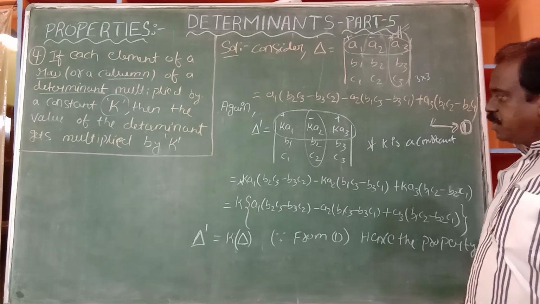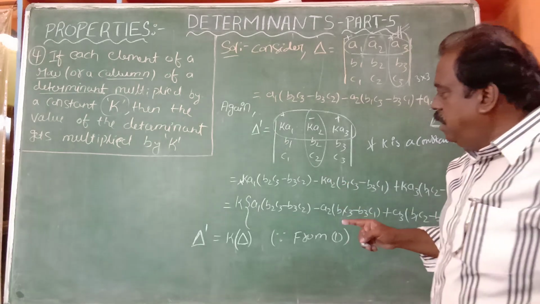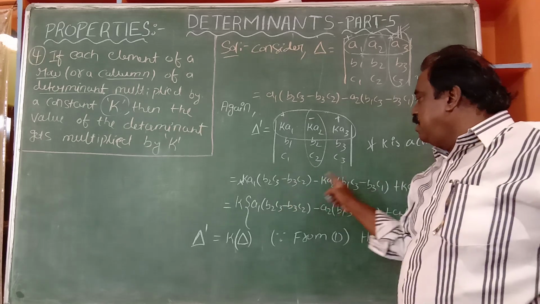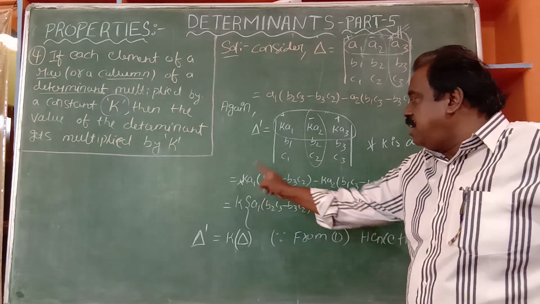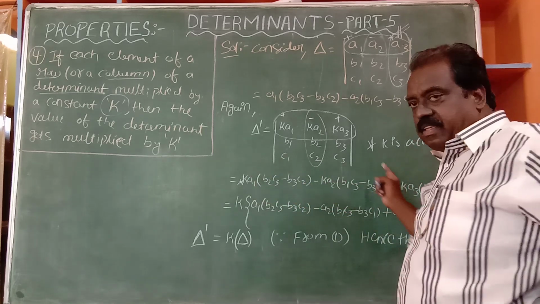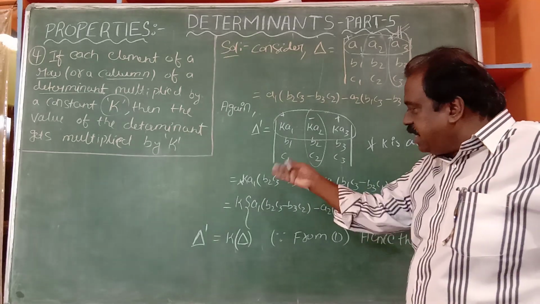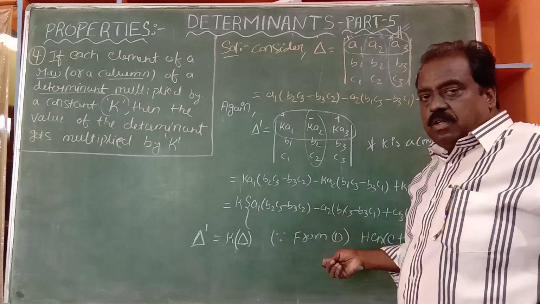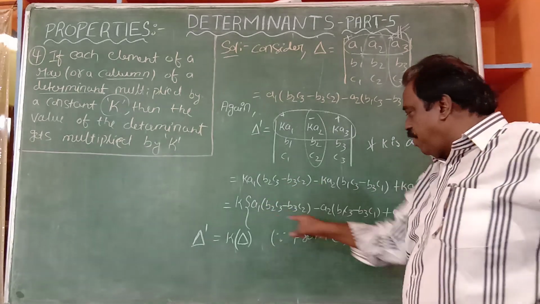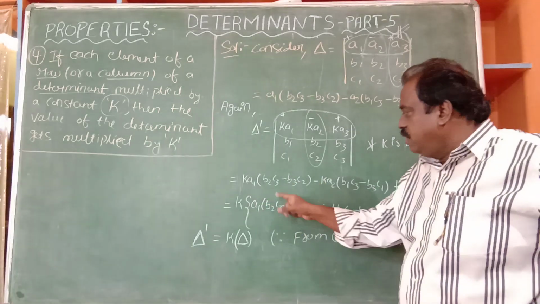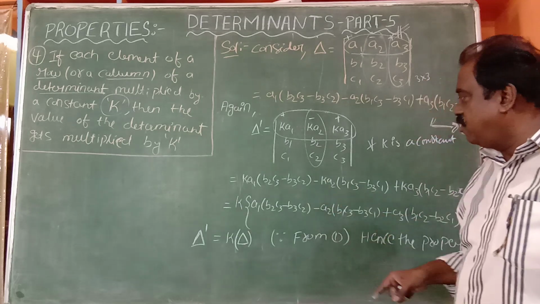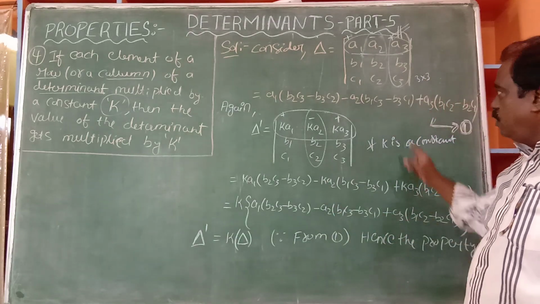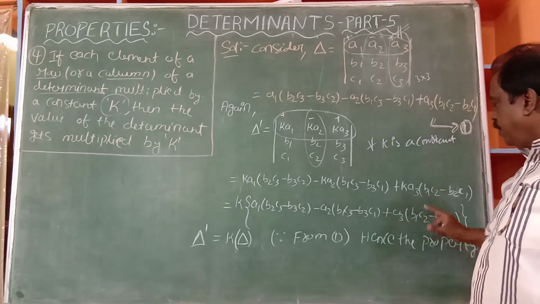You see, in all the elements k is common. In these three terms, k a1, k a2, k a3, k is common. So k is taken as common, and the remaining terms are put in a bracket. A1 of B2 C3 minus B3 C2 is the same as equation 1, you verify it.